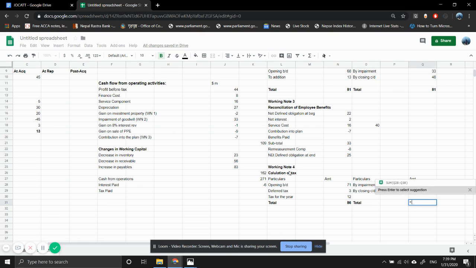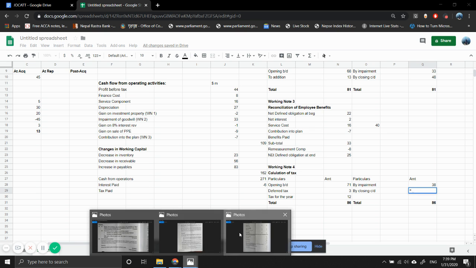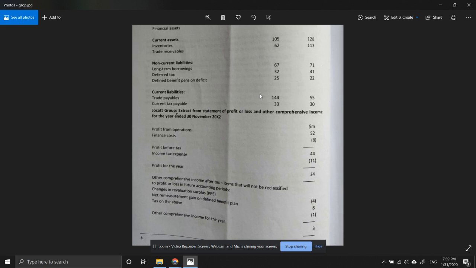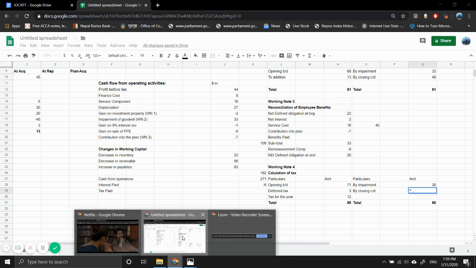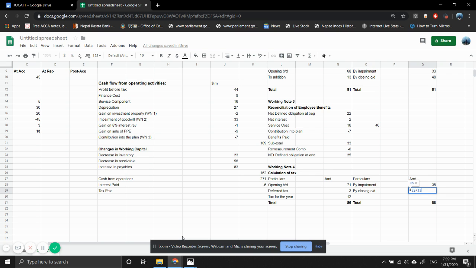So since this will be this figure, and then our closing figure will be something else. No, it will be plus minus. What's our closing figure? Adding two things up: 33 and then 32. 32 plus 33.